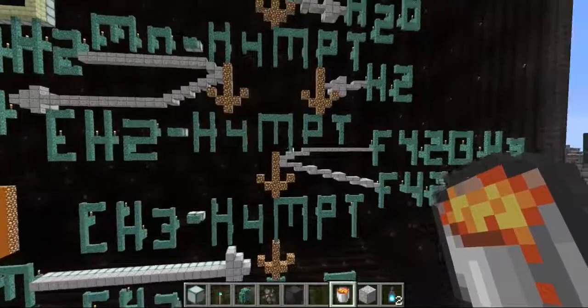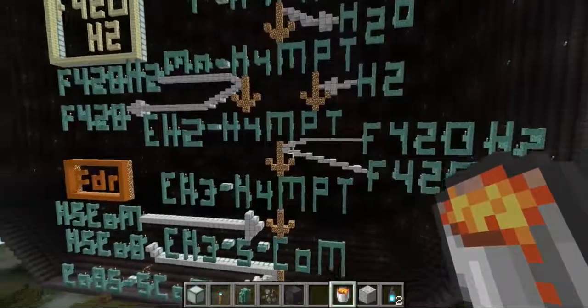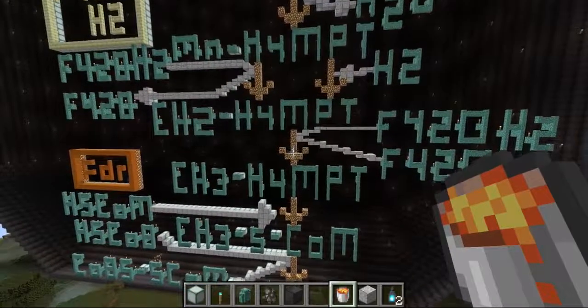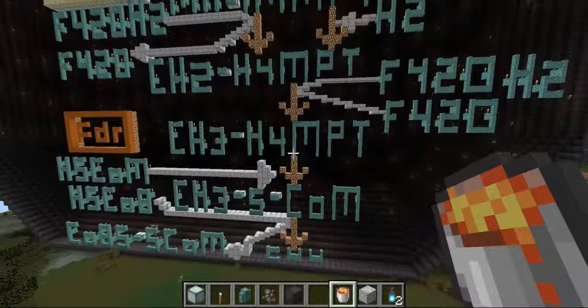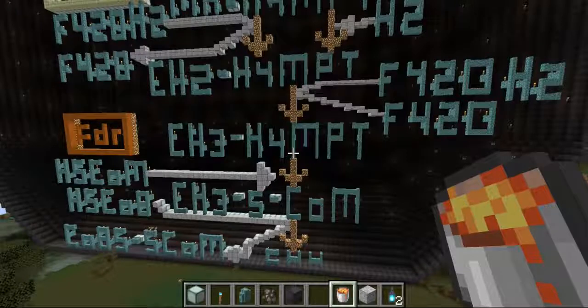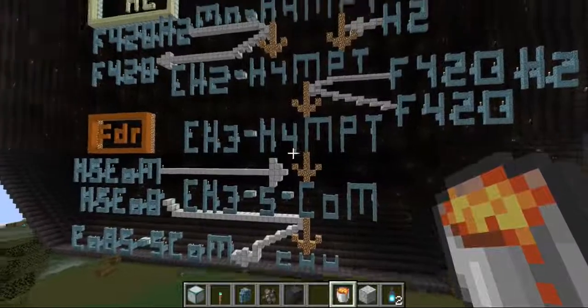This then gets reduced by another F420H2, forming a Methyl-tetrahydromethanopterin.